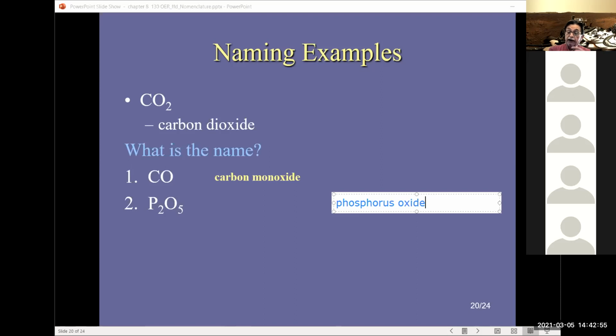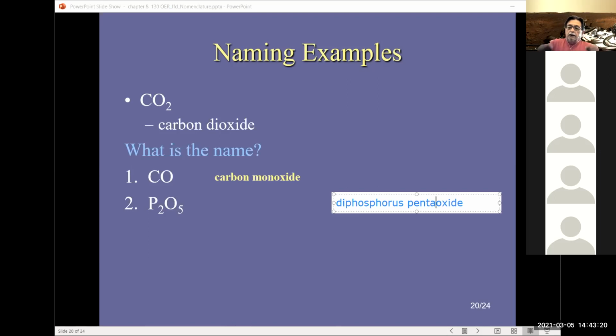Now we go back and add prefixes. We see that there are 2 phosphorus. So we say di. If it was just one, we would just leave it phosphorus like we did with carbon, okay? Then we go to the oxide, and there are 5, and penta is the prefix.